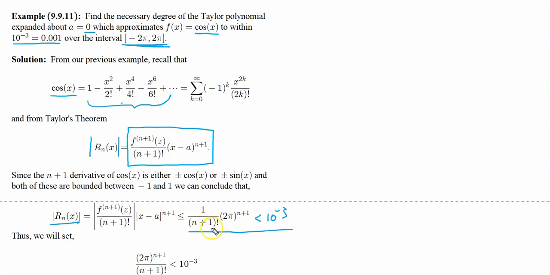We can't really explicitly solve it for n, but we can plug numbers in for n on the calculator until this quantity is less than 0.001, and then that's how we'll determine what n is. Okay, so that's what we're doing down here.